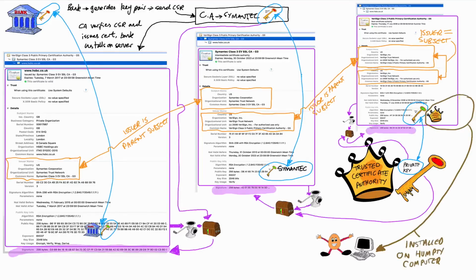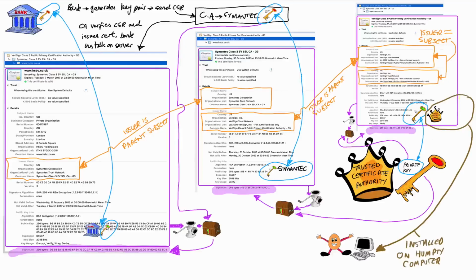So Symantec get the CSR, there's no certificate yet. They get the certificate signing request, they look at the signature, they decrypt it using the public key provided inside the CSR, right? And then they hash the CSR and make sure those two things line up. So it's a very standard digital signature validation process.